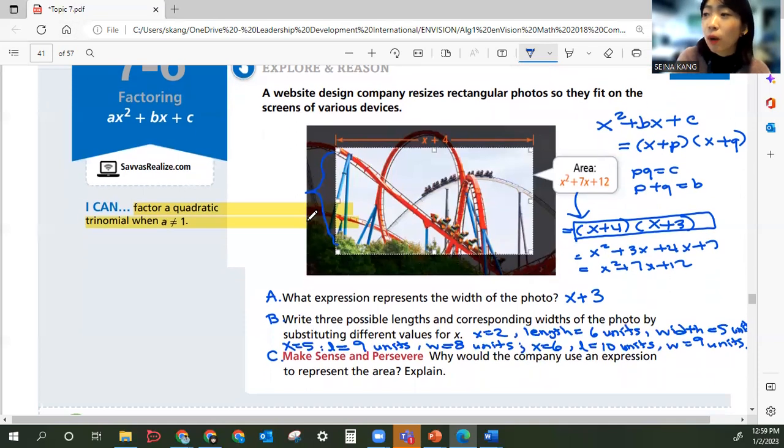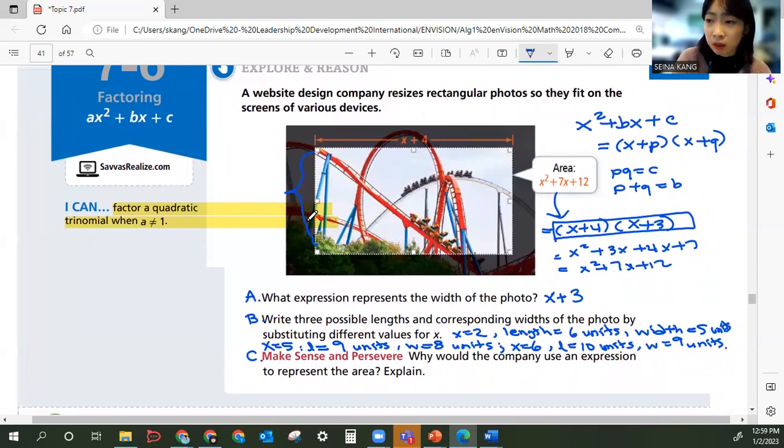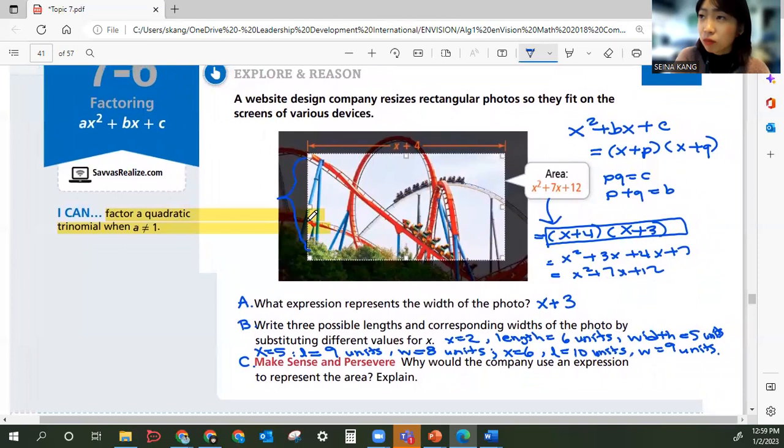Part C, why would the company use an expression to represent the area? So in this design company, they're going to resize rectangular photos, like enlarge it or make it smaller. They're going to fit on screens on various devices like iPad or iPhone.